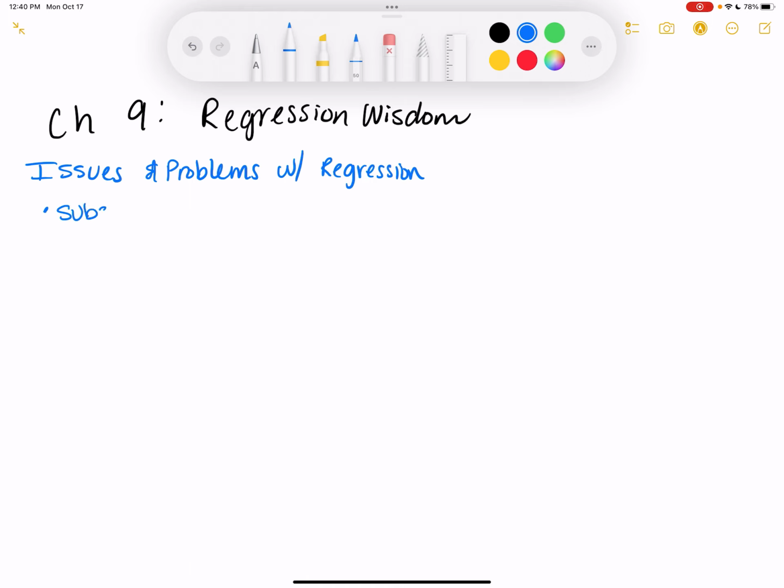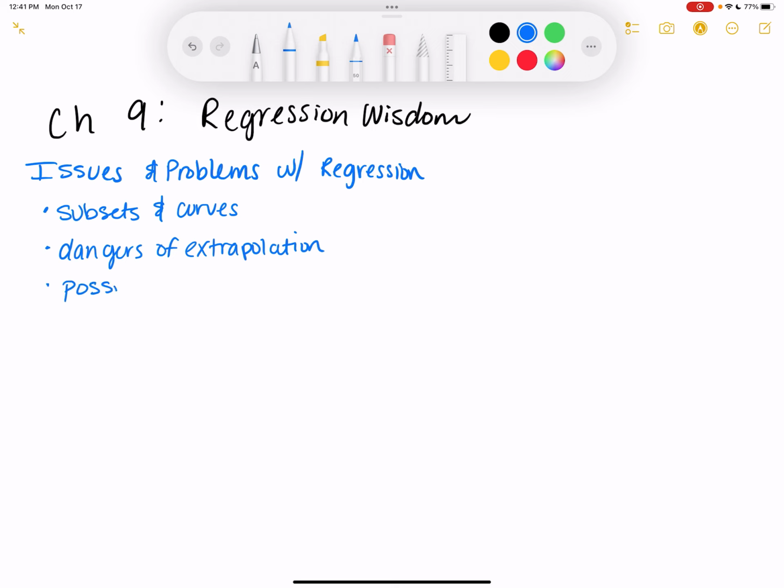Subsets and curves. There are dangers of extrapolation. So remember, that's talking about the stuff that's outside the data.